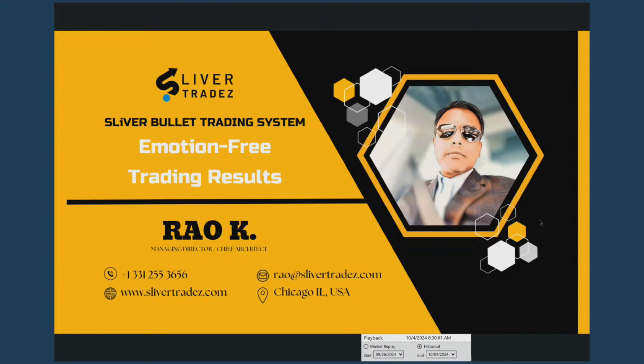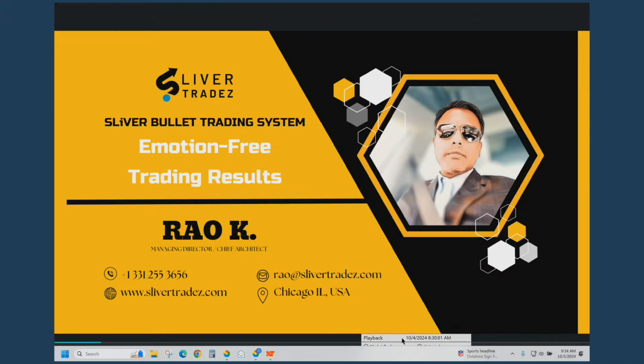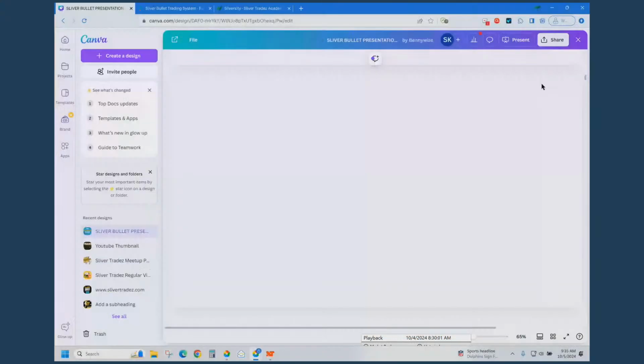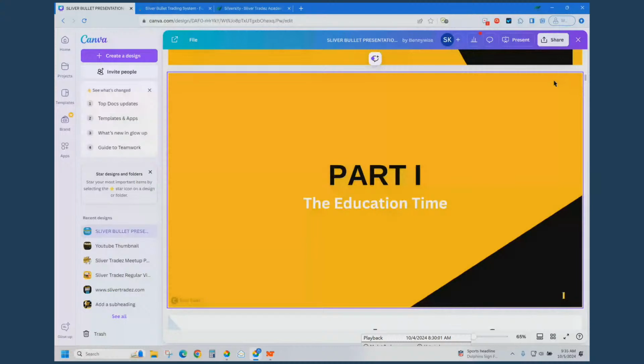So every week I take previous day's data, that is Friday's data at the market open, which is 8:30 a.m. Central, and I run the software and try to see how much profit it generates. Usually we target $1,000 or $2,000, and we put that in the context of the business model.